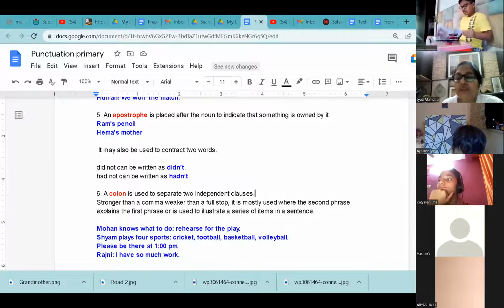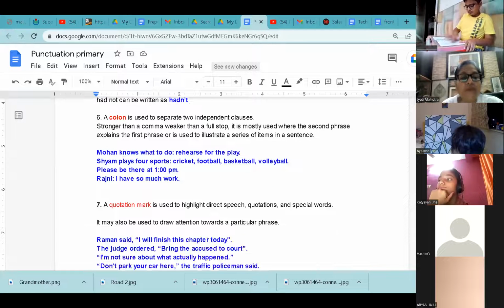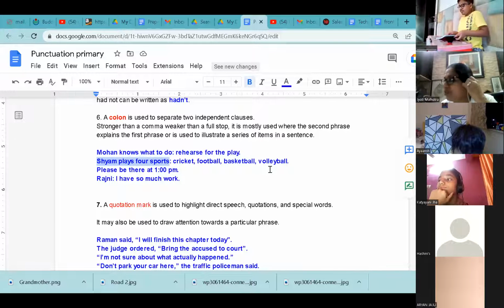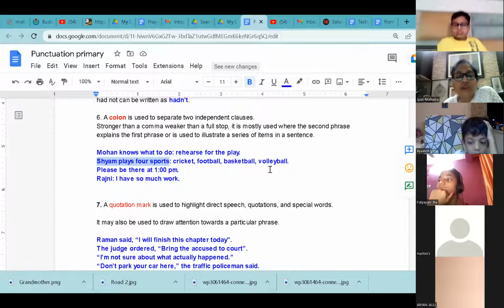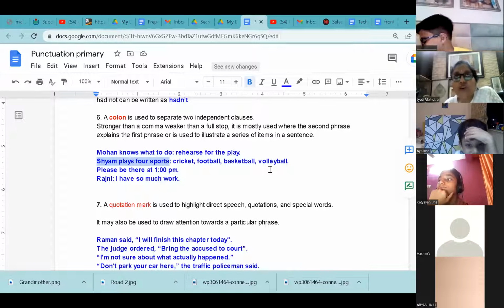Okay, just let me give you an example. For example, I have this sentence: Shyam plays 4 sports. Now I want to write which sports Shyam plays. Now I can put a full stop and write he plays cricket, football, basketball, volleyball.